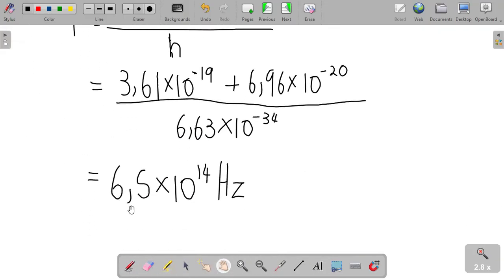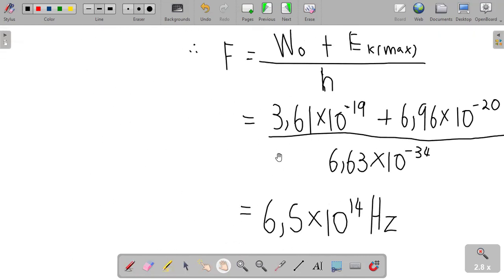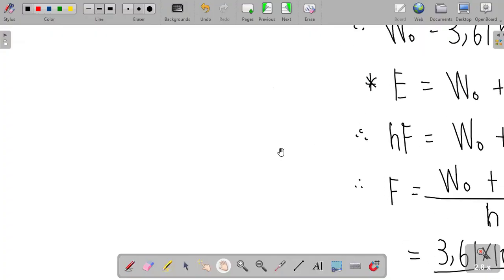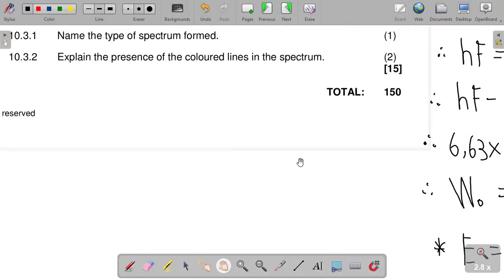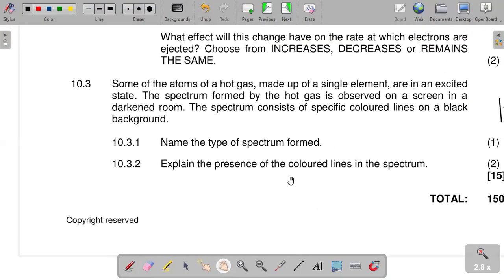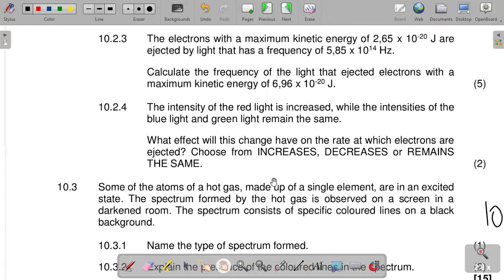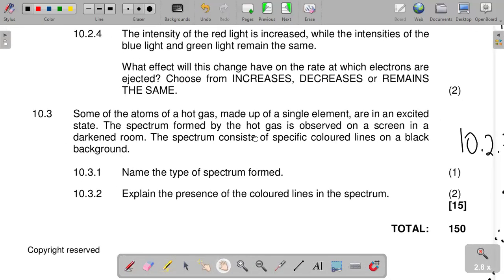Now the frequency here is 6.5. So it is the blue light out of the red, green, and blue. But they didn't ask us that question, so we don't need to answer.